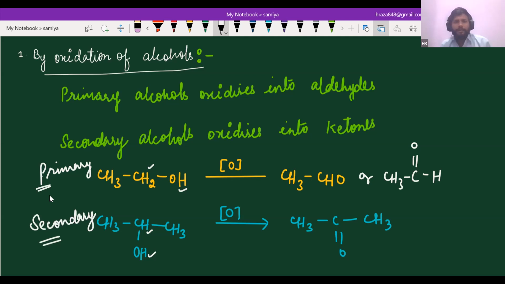Please do write it and let me know. This reaction you have studied in the previous chapter. I explained that position also. Let me know when you are done with this.